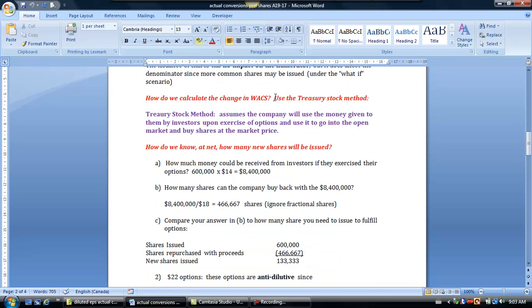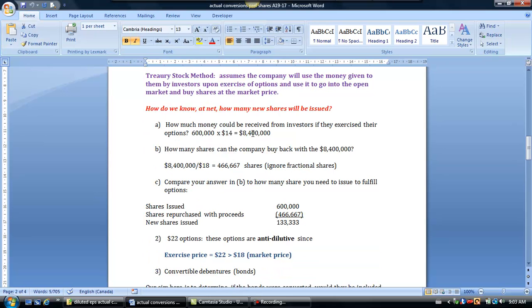Well, as we said before in our first video, we're going to use the treasury stock method, which assumes that the company is going to use the money that their shareholders would have given them, go out into the marketplace, and buy up the shares at the market price in order to fulfill some of the requirement for the stock options, right? So now they would have to issue additional shares under the what-if scenario, assuming these guys would have converted their options to shares. So now let's see how many new shares would have been issued.